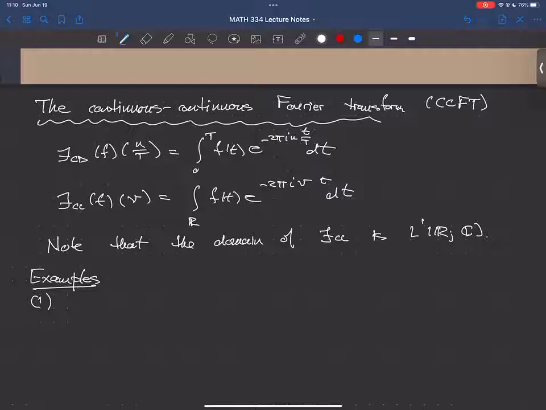Right. So let's first look at a signal which looks like this. So from minus a to a, it has the value 1 and then 0 outside. Okay. All right, so this is a simple computation that I'm not going to spell out the details of.